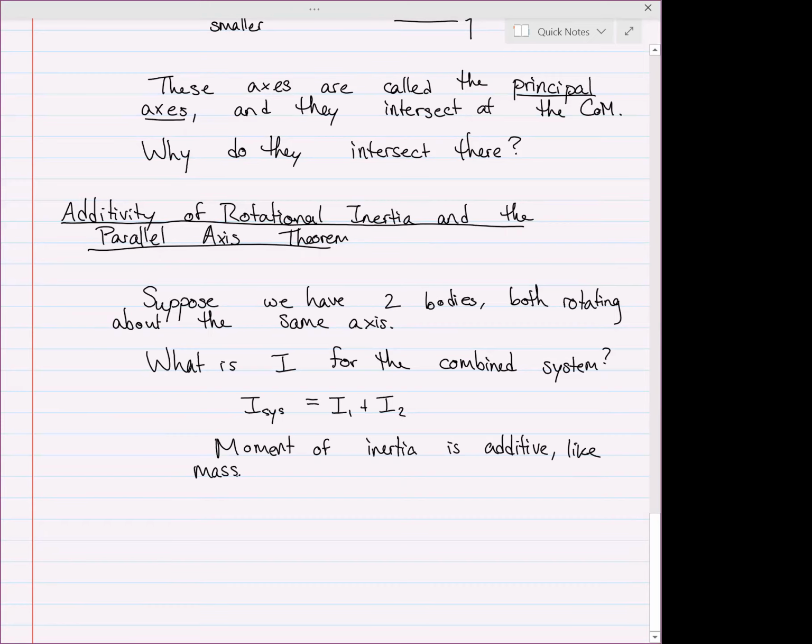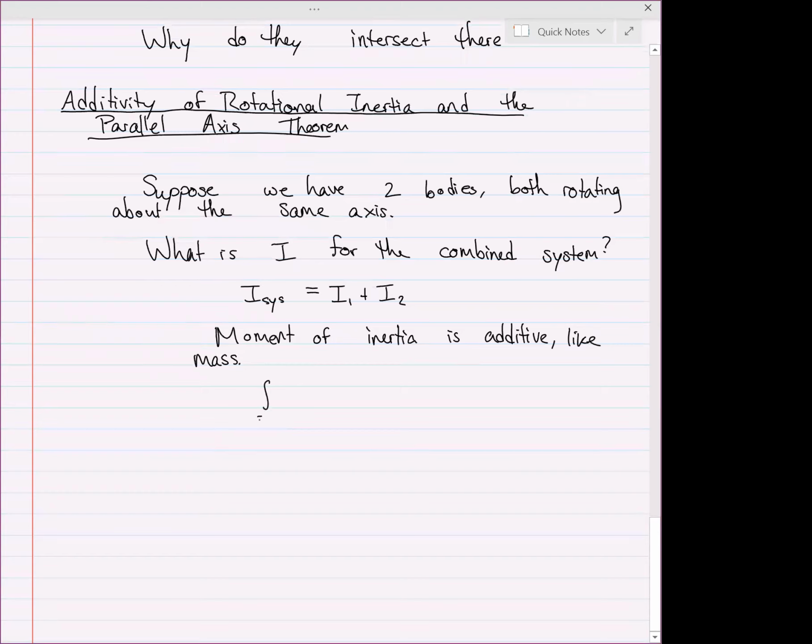If you're curious, the reason for this is because the moment of inertia of the system would be I equals the integral of r squared dm. We know that we can split integrals when you're integrating over something. So as long as you integrate over the whole thing, it doesn't matter if you split it up.